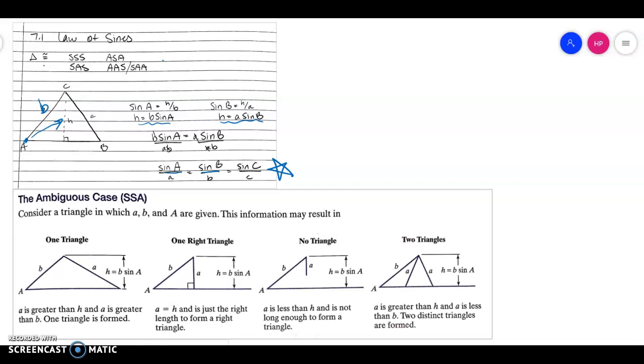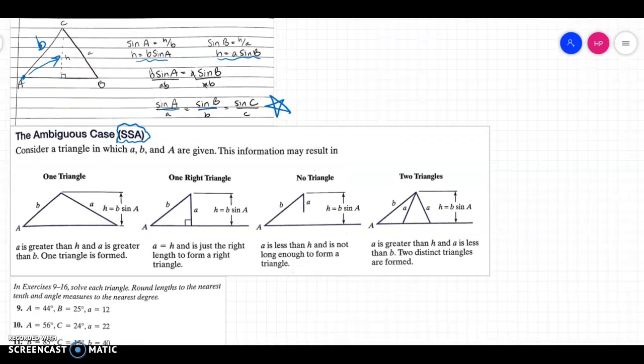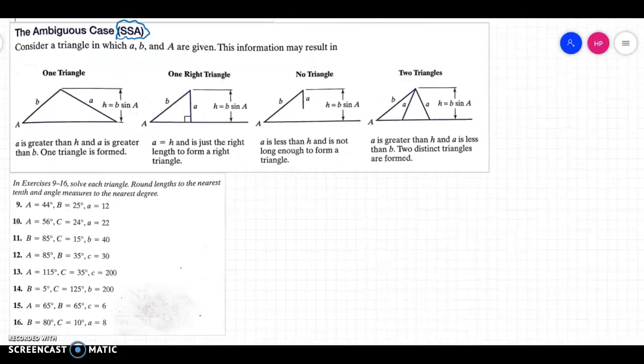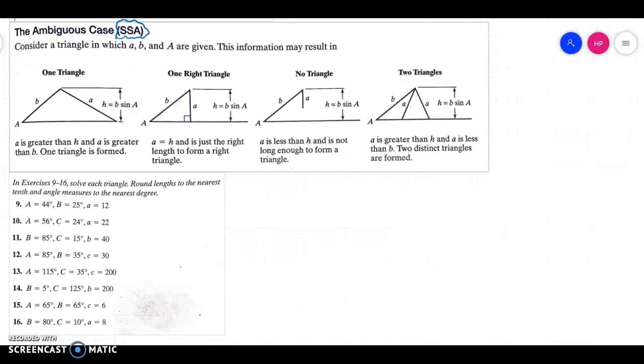What happens with this shortcut that did not work in geometry, and we always said it SSA, not ASS, side side angle. The ambiguous case. The issue is, and you might have done some sort of exploration with this, we might get one triangle that works, and we can find then that height is B times the sine of A. It could fit perfectly into a right triangle.